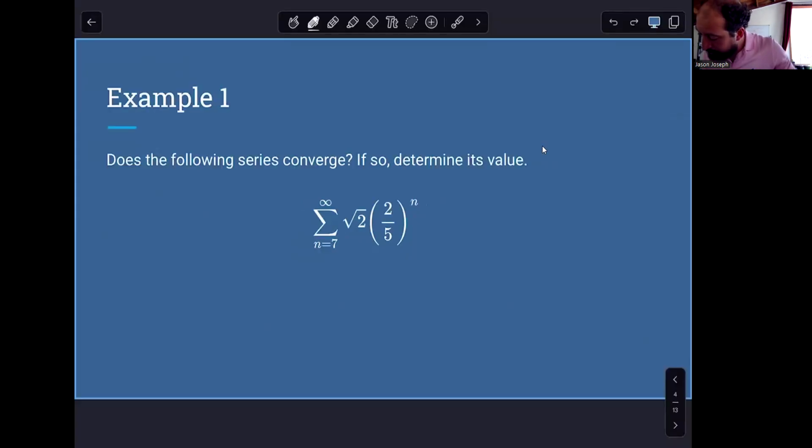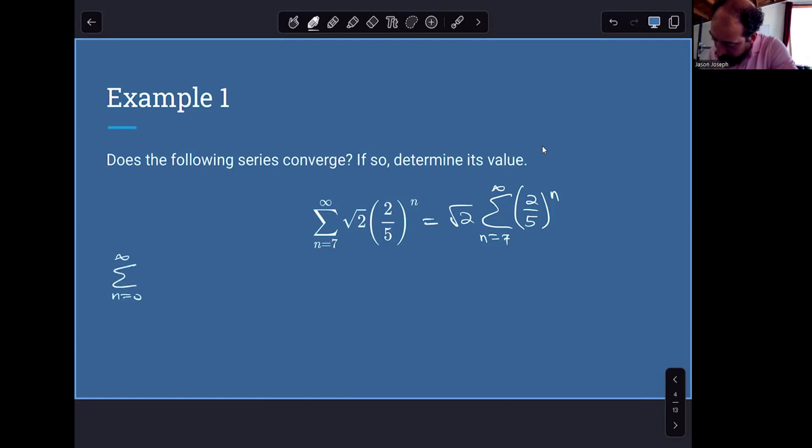So one way I can use that first property is just pull the root 2 outside the sum and not worry about it until the end. And that makes this just a slight bit simpler. So we know the sum from 0 to infinity of (2/5) to the n.